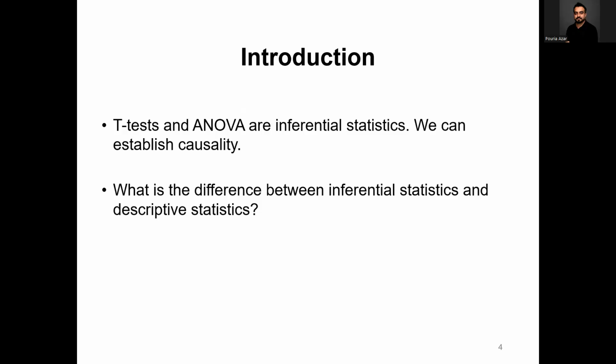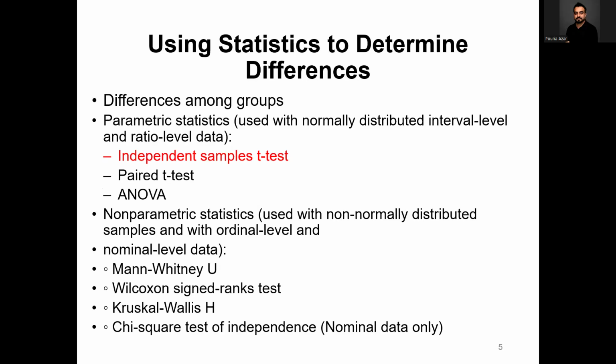But in descriptive statistics, we are just reporting the mean, median, mode, standard deviation, standard error, and etc. That's the main difference between inferential statistics and descriptive statistics. So t-tests and ANOVA are inferential statistics. We can establish causality here.